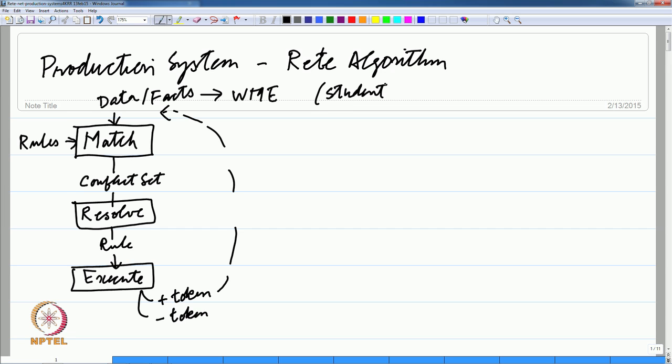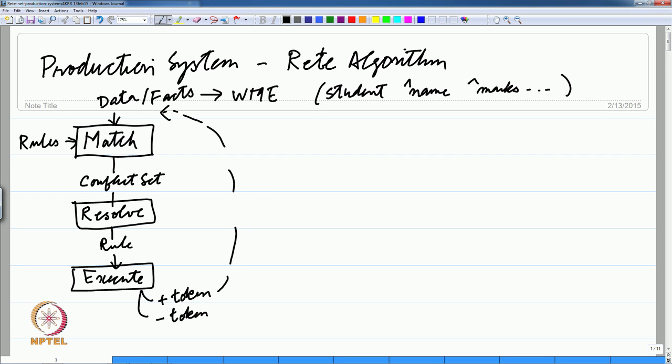So, a student is a certain type, and then you may have attributes and values. So, you may have an attribute called name, or you may have an attribute called marks, and so on essentially.